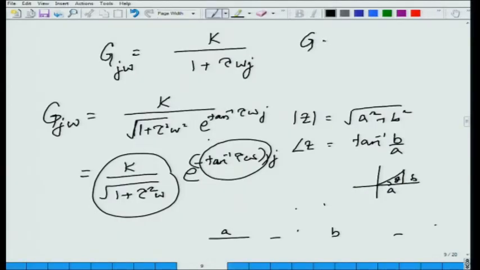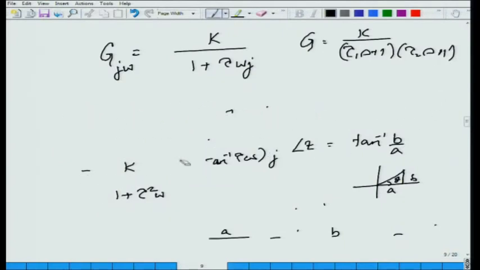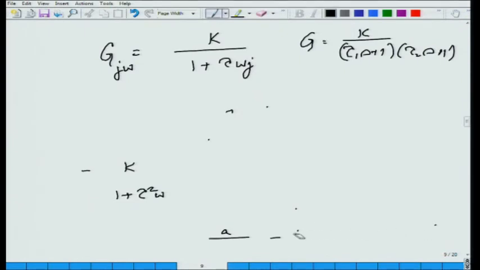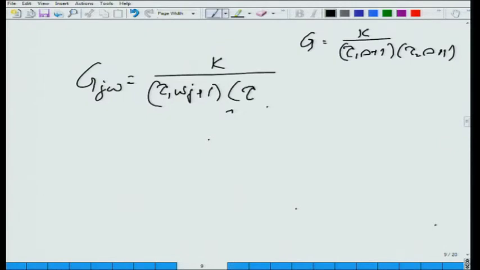So, let us say it was, I do not know, K times 1 over (τ1 s plus 1) times (τ2 s plus 1), then all you have to do is, then G(jω) would be K times 1 over (τ1 ωj plus 1) times (τ2 ωj plus 1).